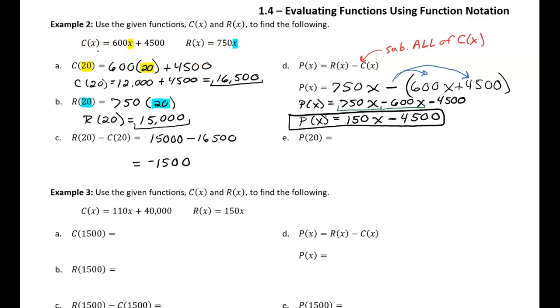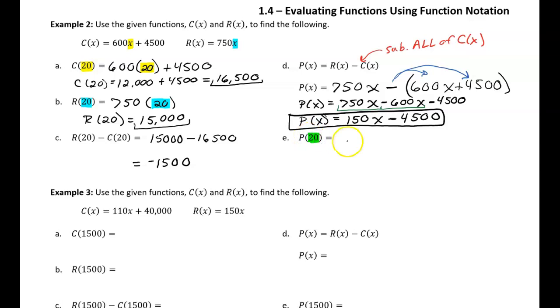Last part, part E. We now want to find P of 20. So using this new function that we just finished creating, the 150x minus the 4,500, I'm now going to evaluate. I'm going to plug in a number. Maybe I'll use one more different color highlighter.